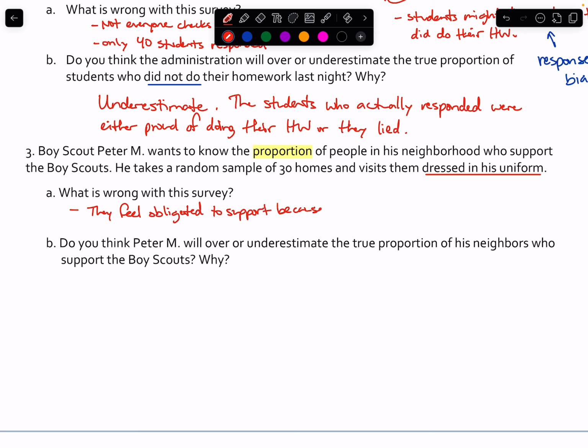Because they see his uniform. They know he's a Boy Scout. Again, that's response bias. They're giving the kid the answer he wants to hear because they know that's the scenario.